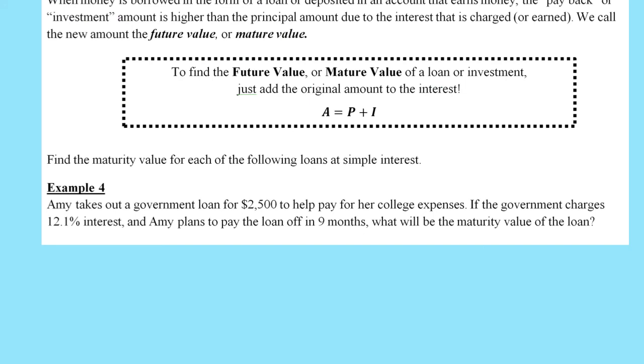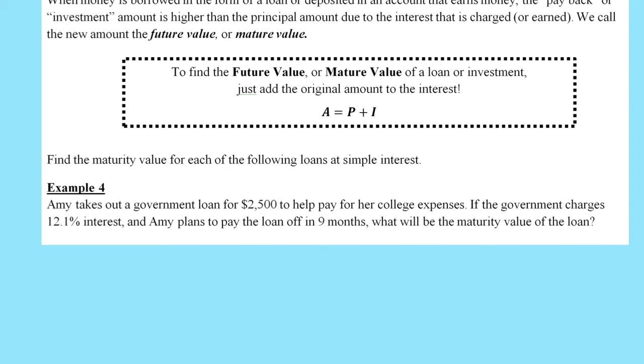All right, last thing I'm going to talk about today is what do you get for the future value or the mature value? What would you eventually pay for borrowing a loan or get for investing your money in the bank? Okay? And so this is called your future value or your mature value.